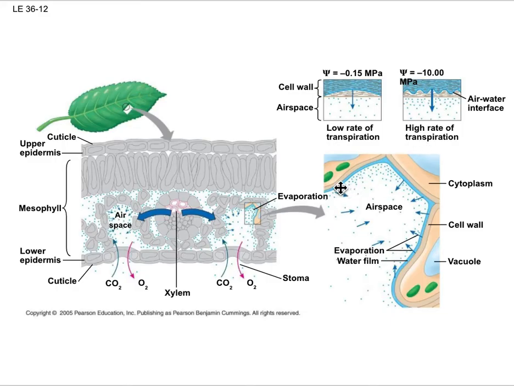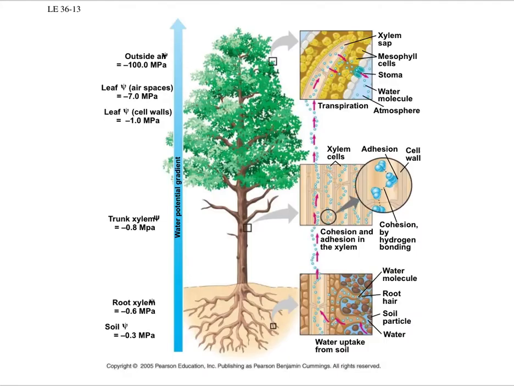Water evaporates in this airspace in here, and then when it evaporates, it's going to leave the plant into the air where there's less water, and so as long as the air has less water than the soil, water is going to be pulled up the plant.